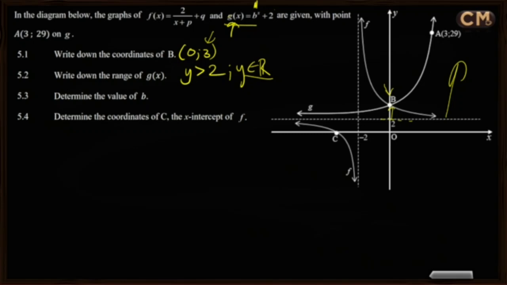Now, determine the value of b. Well, you weren't given this value of b, but you were given the coordinates of point J, (3, 29). Might as well use them.